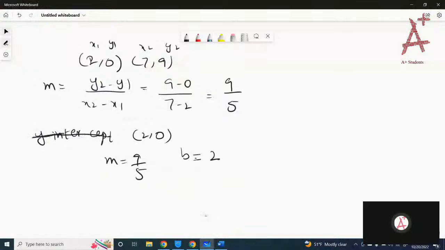That is not the y-intercept. This is just a point. We can find the y-intercept using these two values, the slope 9 by 5 and the point (2, 0).